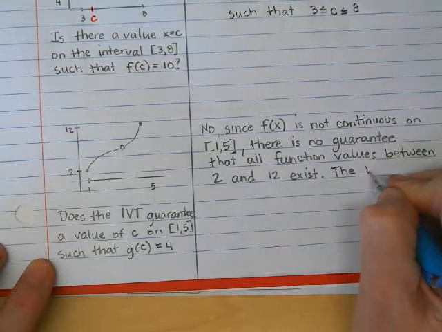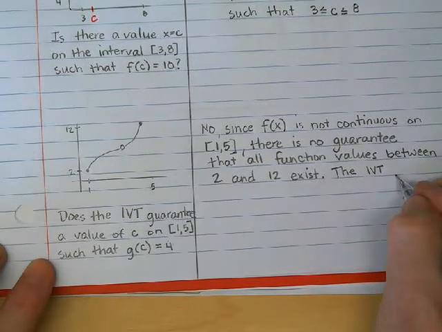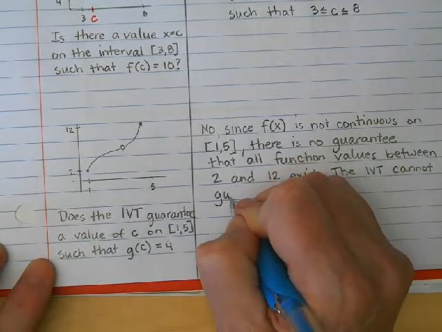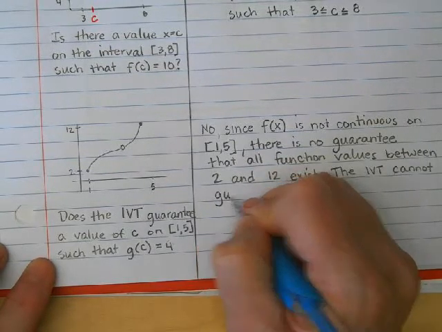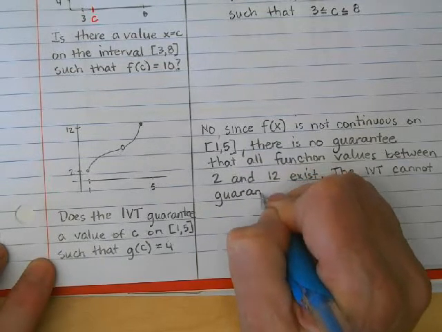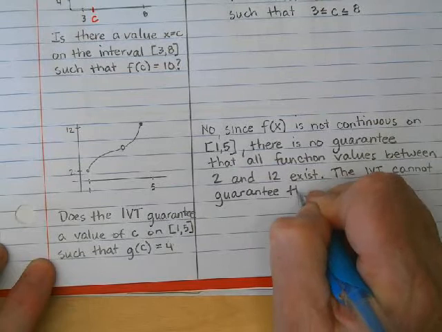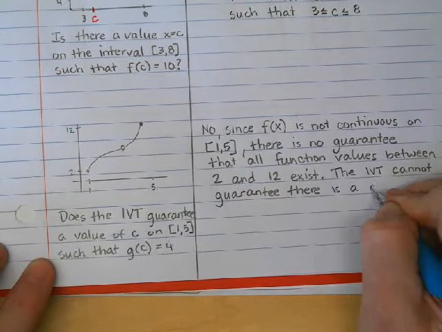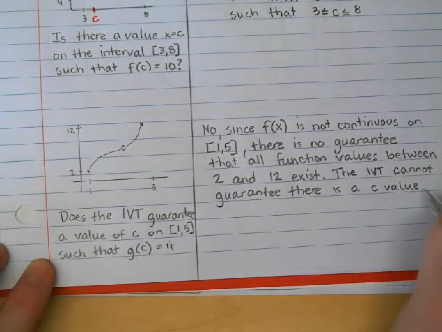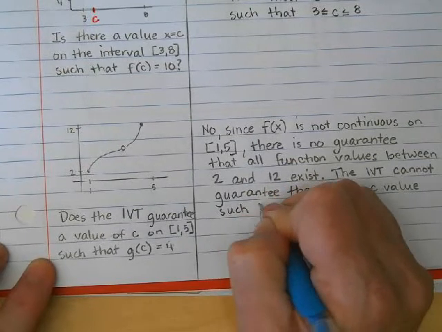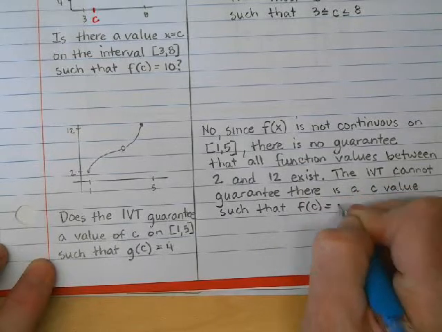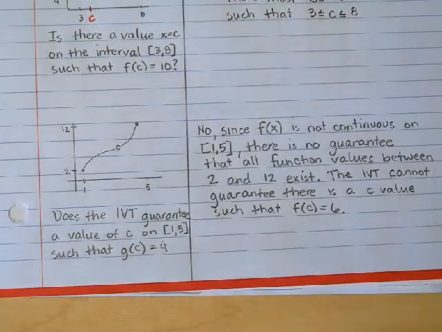And then I'm going to say the intermediate value theorem cannot guarantee there is a C value such that f of C equals 6. Okay, so we'll stop there on that page. Like I said, it's not going to be this weird the whole time.